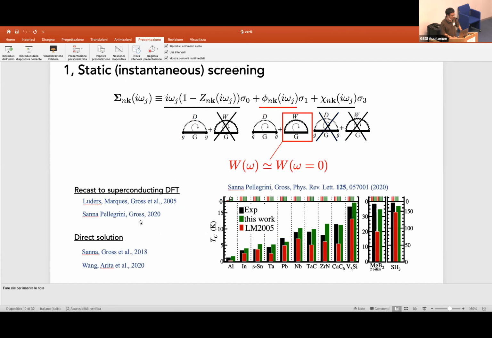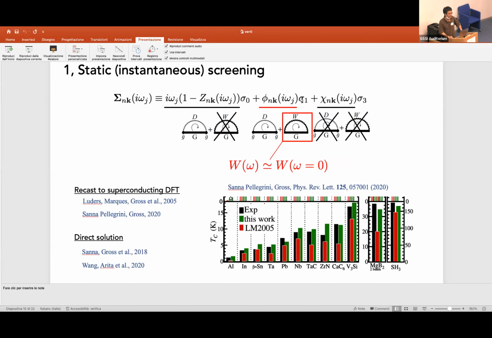About the electronic part, the most elementary approximation would be the static screening approximation to the anomalous part. You remember the sigma 1 part represents the off-diagonal part of the self-energy, so related to superconductivity.